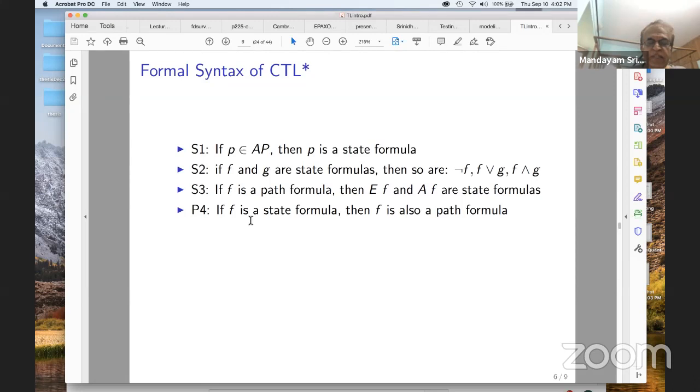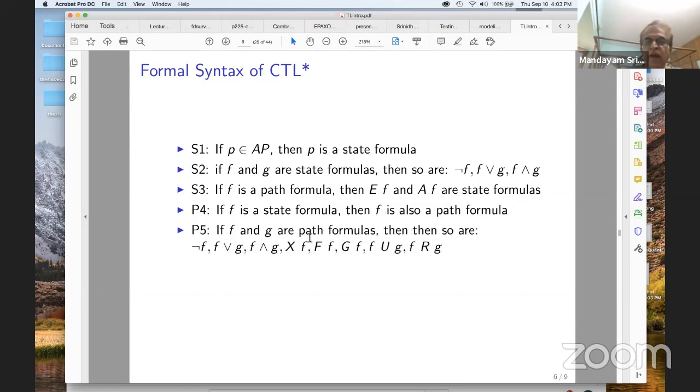So these are rules that construct the state formulas. If F is a state formula, it can always be viewed also as a path formula, with the informal interpretation that I gave you. It is true of all paths in which, when viewed as a state formula, it is true of the first state on that path.